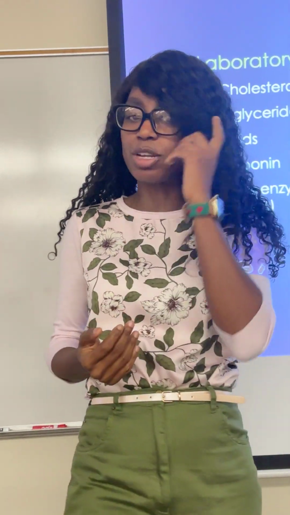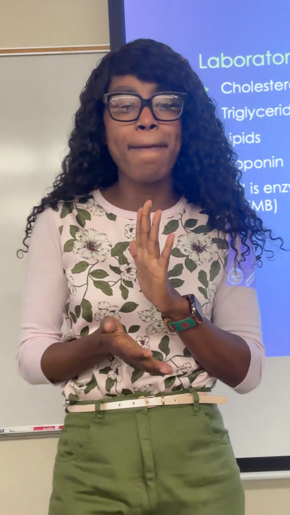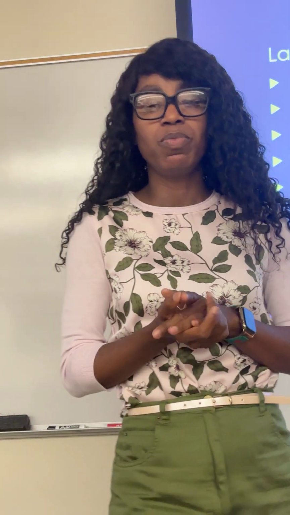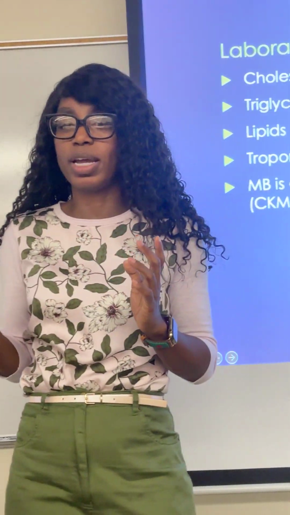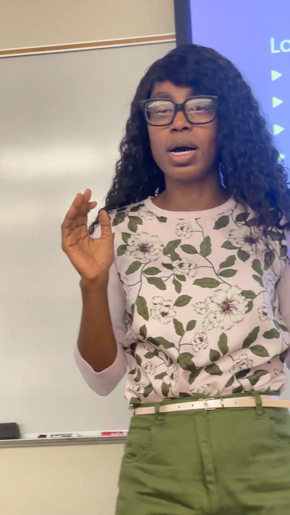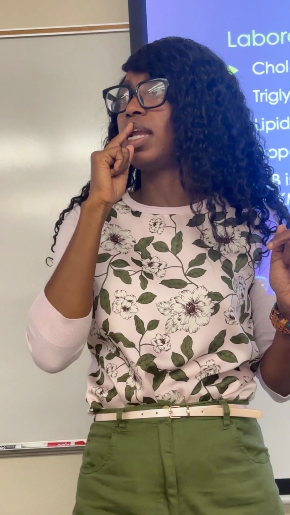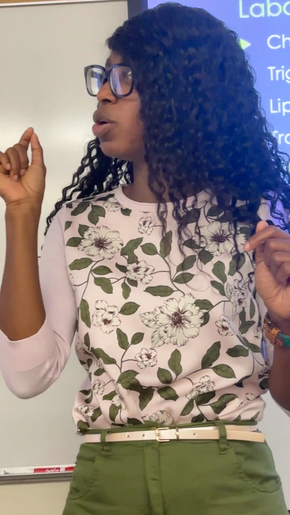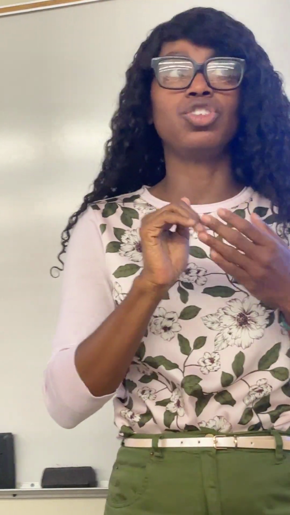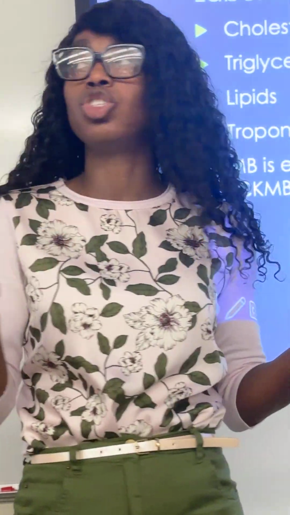Troponin. When we think about troponin and CKMB, we're thinking about enzymes, right? If you remember, I don't know if you've done injuries yet for patho, once your body is injured, it releases enzymes to tell itself that it needs healing, it needs help. This is what happens in the heart.